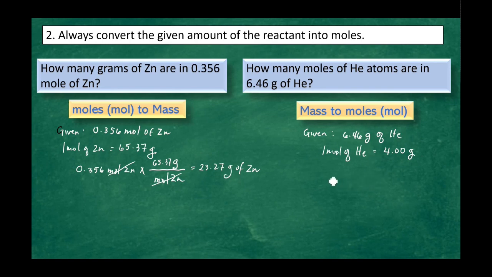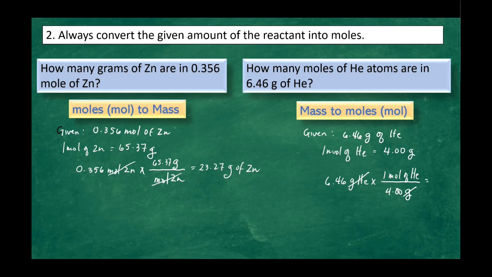Okay. 6.46 grams of helium times. So now it is grams, therefore our denominator is already in grams. So just copy 4.0 from our conversion and then 1 mole of helium equal to, cancel out the helium grams, and then let's divide.